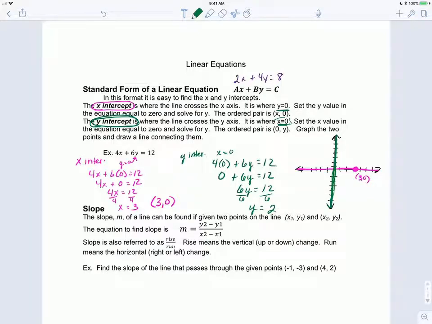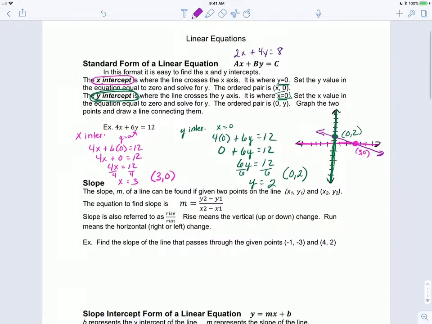So it crosses the y-axis at 2, which is the ordered pair 0, 2, right there. Once we know those 2 points on the line, we can draw a straight line through those 2 points, and that is the graph of the equation 4x plus 6y is equal to 12. That is how you find the intercepts.